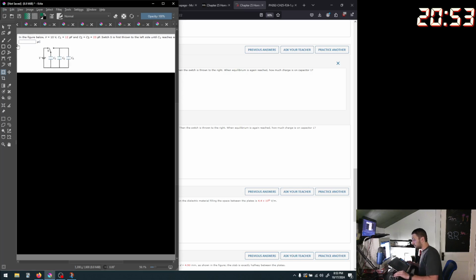So capacitor 1 on this side, this is its own loop, so Q0 equals C1 V1, which is going to be, no, C1 is going to be 12 times V1, which is 10. So it's going to be 120 times 10 to the negative 6.